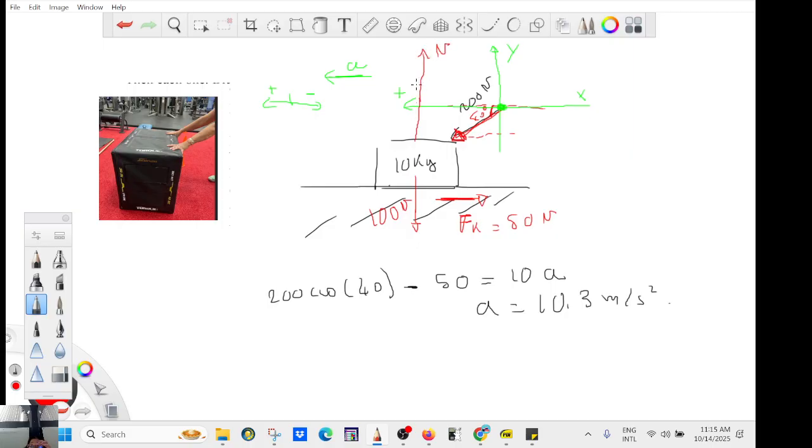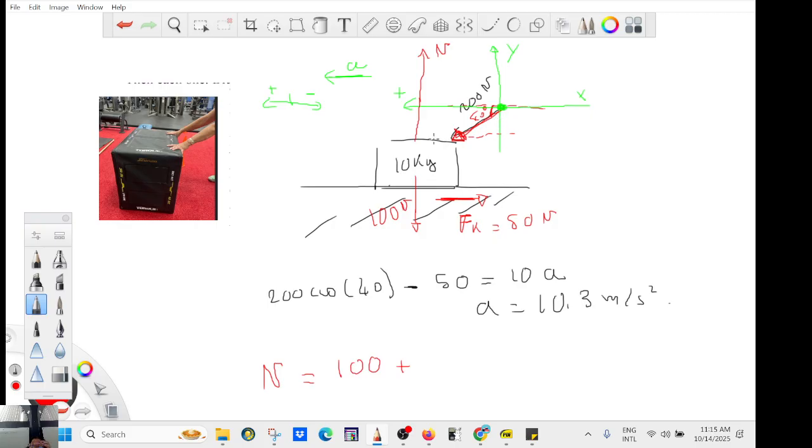Okay, that's a reaction force. So you're going to have up equals down. Along the y-axis, you have the normal force up that has to fight against the weight and against the y component of my push.